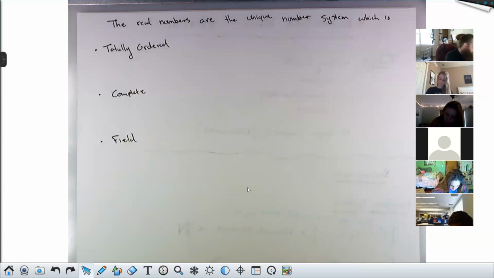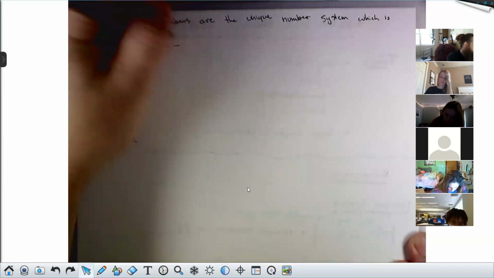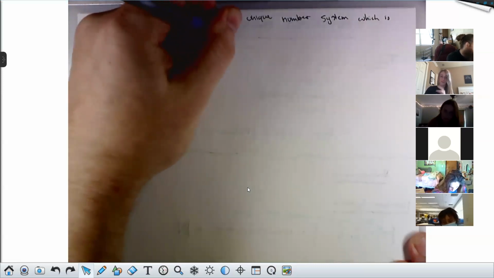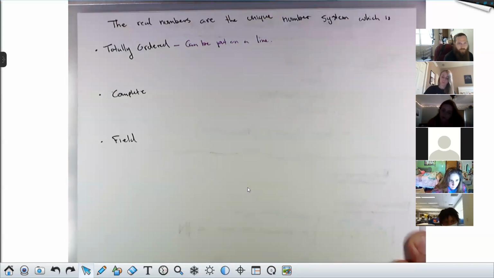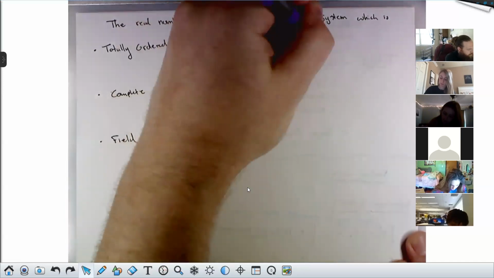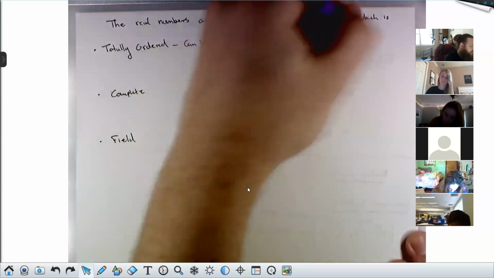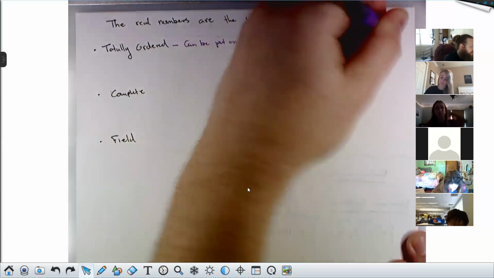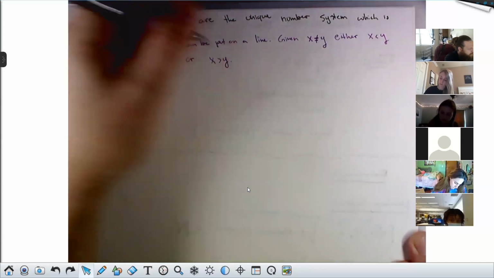What does it mean to be totally ordered? It means they can be put on a line. Now, the technical way to say this is: given x and y real numbers that are not equal to each other, either x is less than y or x is greater than y.